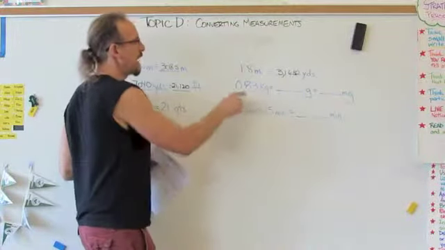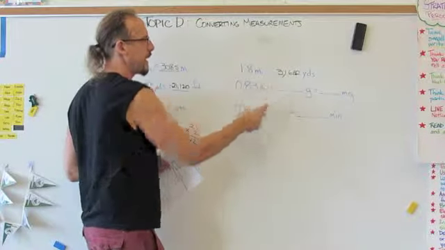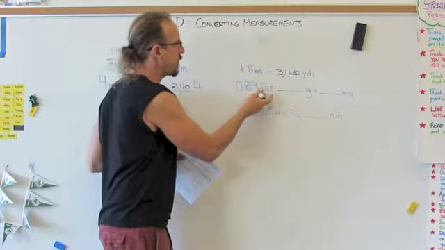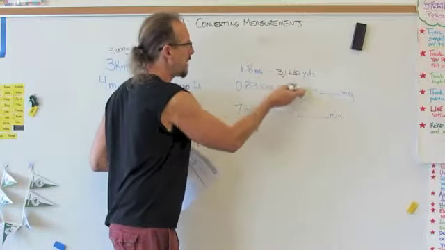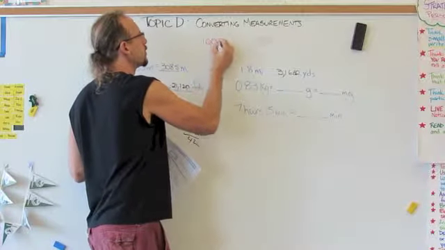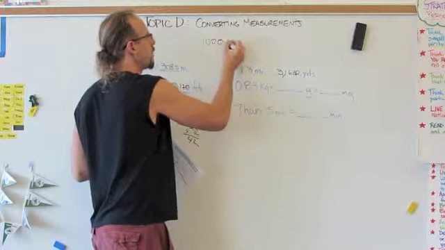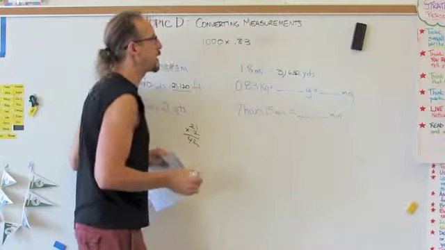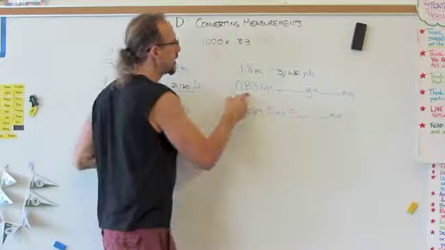Now we've got 83 hundredths of a kilogram is how many grams? Well, just like our kilometers, there are, of course, 1,000 grams in 1 kilogram. So if there's 1,000 grams in 1 kilogram, then we have to multiply that by 0.83 to find out how many grams this many kilograms is.